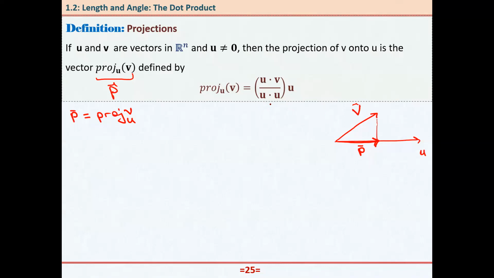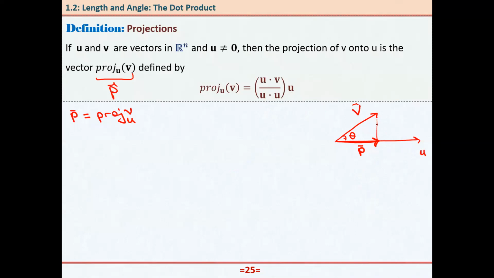Why is it so? Why is P equal to U dot V over U dot U times U? To get this formula, first I'm going to use this idea. Assume that the angle between vector V and vector U is theta, right?